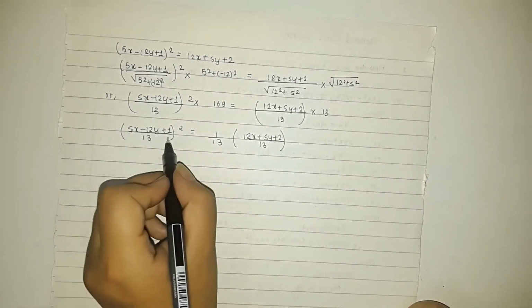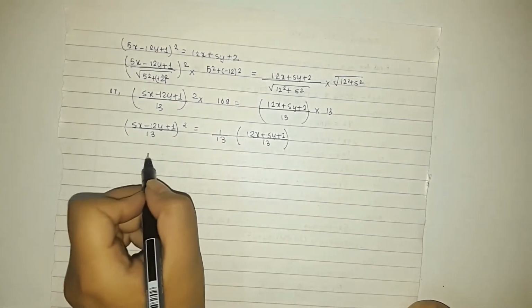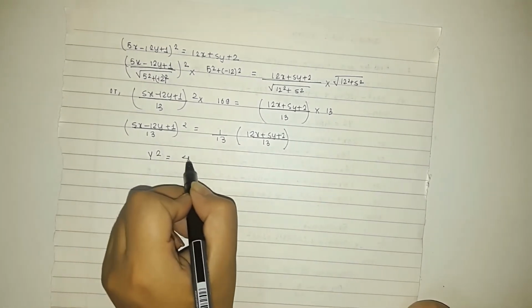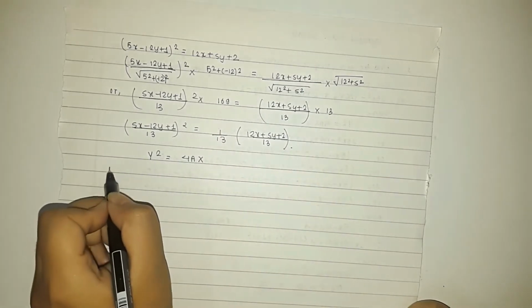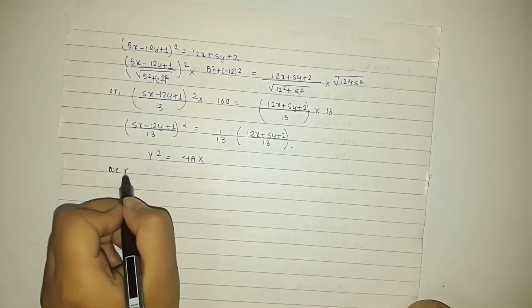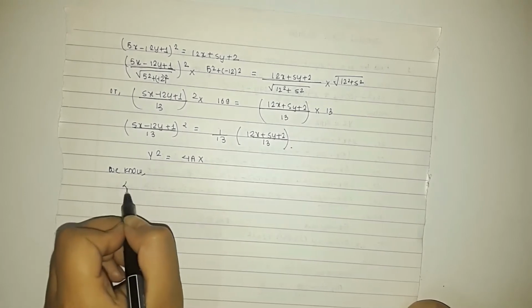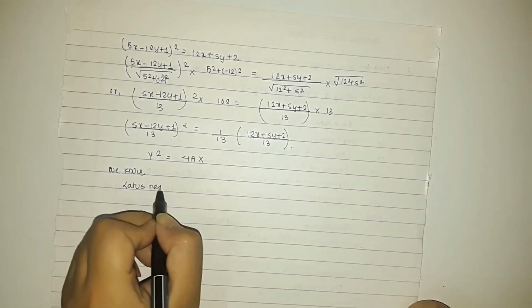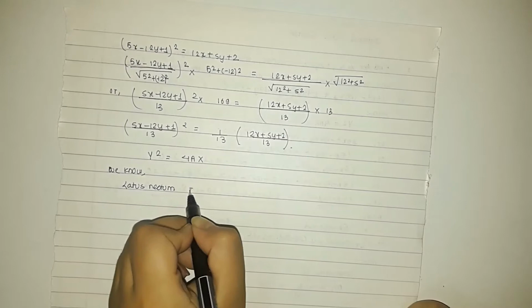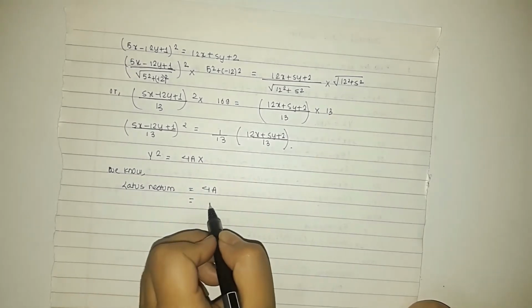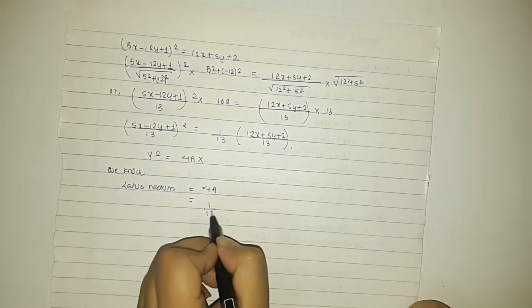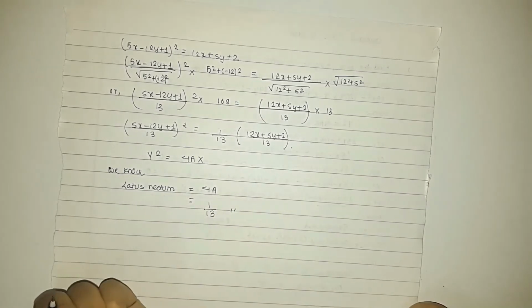Now, as you can see, this is in the form y square equals 4ax. Now we know the length of the latus rectum is 4a, which is 1 by 13.